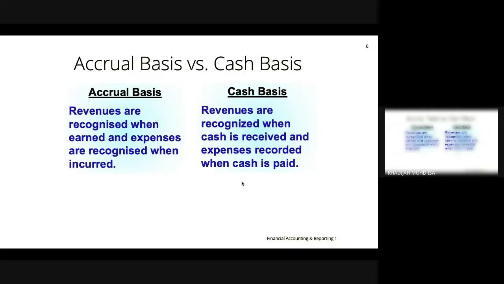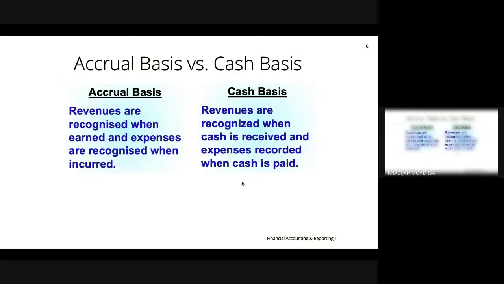For example, if you sell goods on account, you have made sales already, so it's a revenue because you have sold your item, but you have not recorded cash because you have not received it. Even though you do not receive cash, you recognize your revenue because it is earned: goods sold or services rendered.